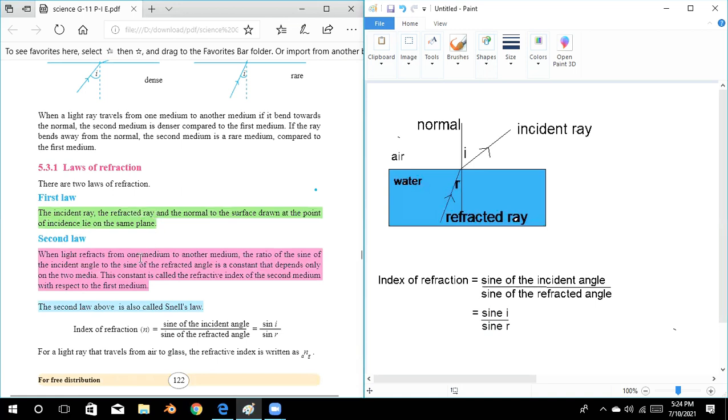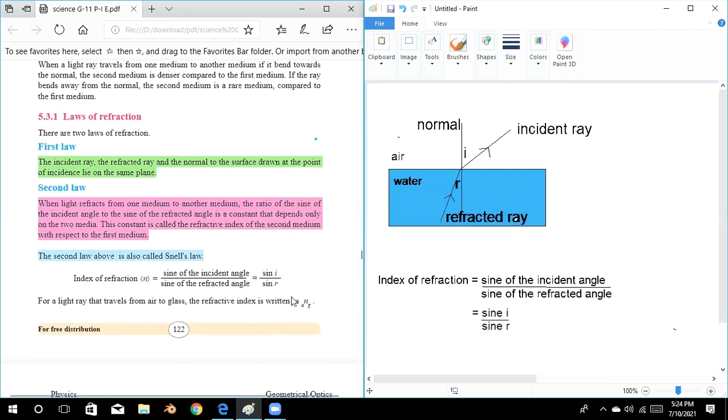Here the first law and second law, which is also called Snell's law. According to Snell's law, the index of refraction, also called the refractive index, depends on the two media. It is a constant value for those two media.